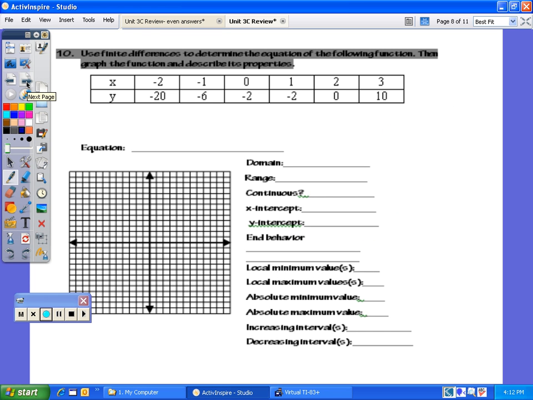Alright, number 10, you had to do your finite differences. So when you do your finite differences, always go from left to right. Because if you go the other way, you're going to wind up getting different answers than everybody else. Okay, then you have to do it again.